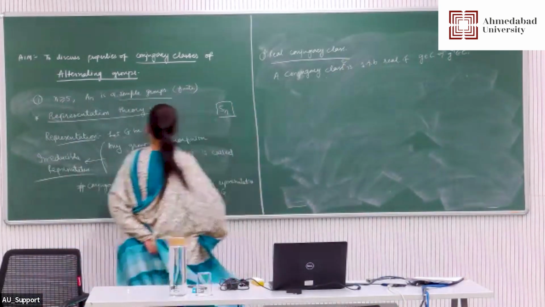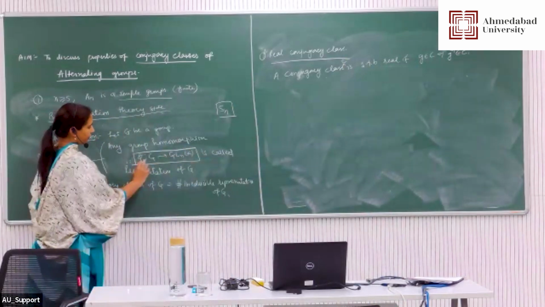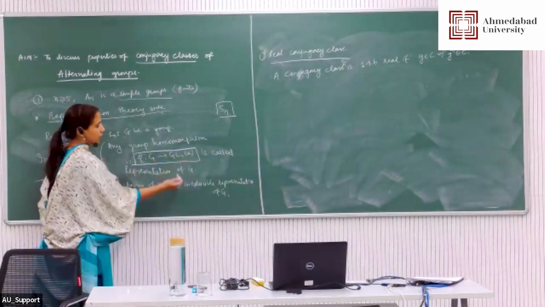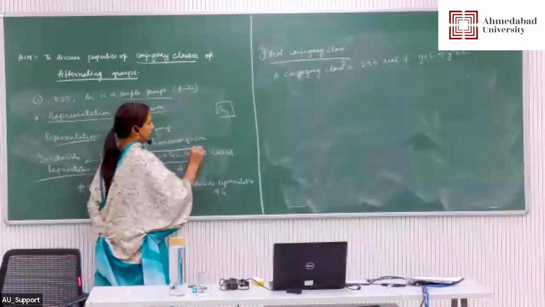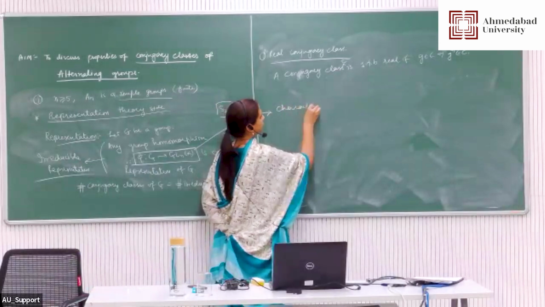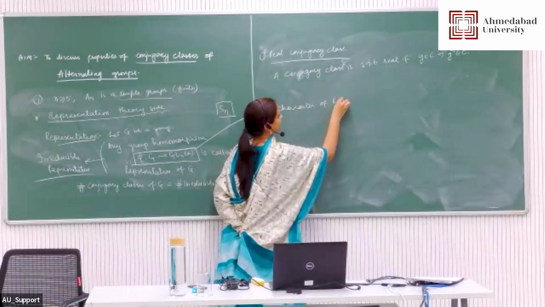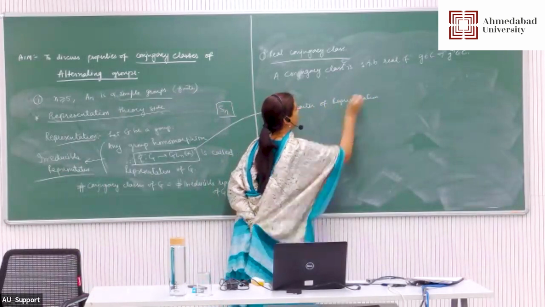Okay. And here, if you see, this representation is mapped from G to GL_n(F), so the image is basically a matrix. So what can I relate here? I can define the character associated with the representation. How is it defined?